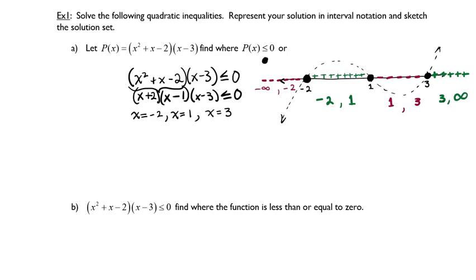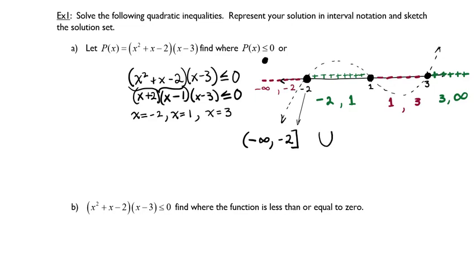If I look at this, I can clearly see where my polynomial p of x is less than or equal to 0. So I would write this in interval notation. Wherever there was an interval that was negative, I would give the interval here: negative infinity to negative 2. I put a bracket because it's a closed dot at negative 2. A less than or equal to, a closed dot, and a square bracket represent including the equal to part.